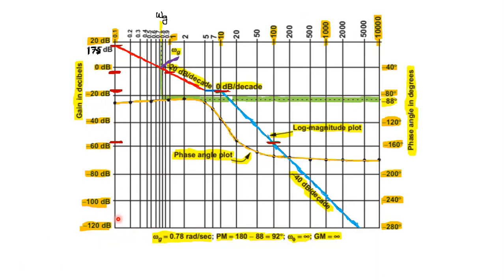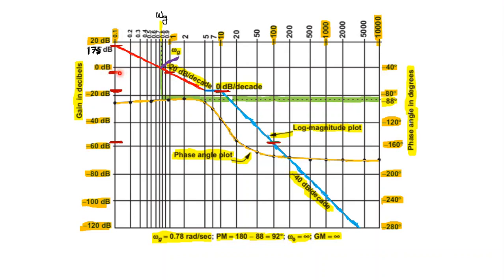Right. Now coming to the log magnitude plot, at 0.1 I should start from 17.5 dB. Then I start at 17.5 dB corresponding to 0.1. The magnitude plot slope should be minus 20 dB per decade. Therefore at 0.1 17.5 means at 1 17.5 minus 20, which is minus 2.5. This minus 2.5 only is marked.